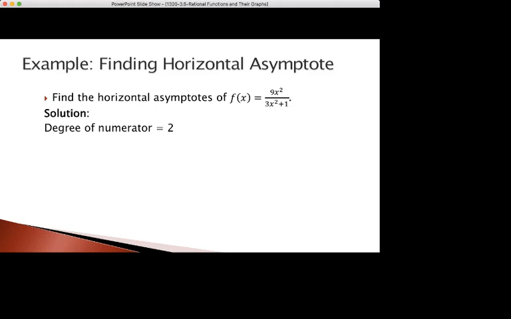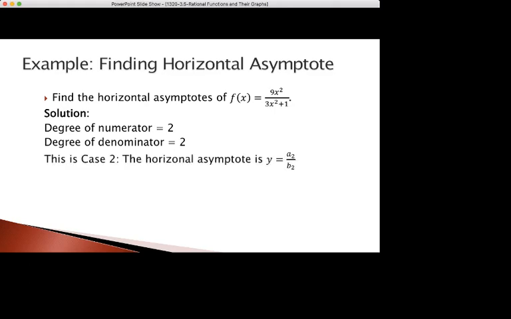The degree of the denominator is also 2. So this is case number 2, where n is equal to m. So we can conclude that the horizontal asymptote is the line y equals a sub 2 over b sub 2, or in this case, 9 over 3, which is simply y equals 3.